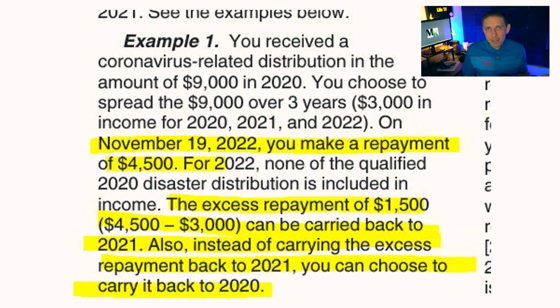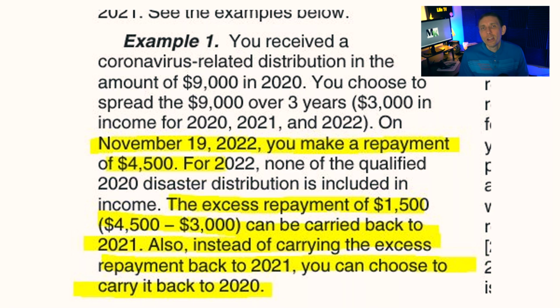All right, I'm just going to talk to you guys about these different examples. I'm not going to read them to you on screen because that's boring, quite frankly. In the first example, the overall premise is, let's say that you file your 2021 tax return, and of course we're in year 2022, and later on, after October 15th, which is the extension deadline for filing your individual return, you decide to make a repayment in November of this year. So in November of 2022, you decide to pay some of this back.